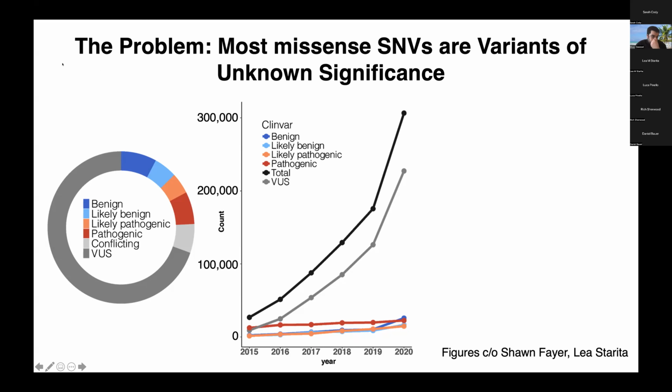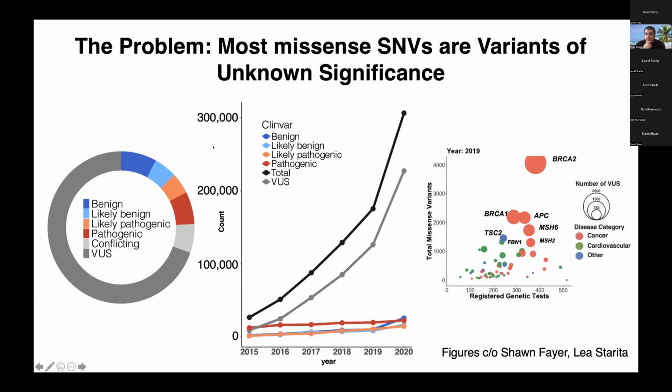But in fact, the opposite has happened, in that you've had an exponential growth in the numbers of variants of uncertain significance. And this has been most prominent in the genes that are the favorite of Leah, and also on the ACMG 73, and the most well-studied and most classically associated disease genes, such as BRCA2, BRCA1, APC, MSH6, MSH2, et cetera.